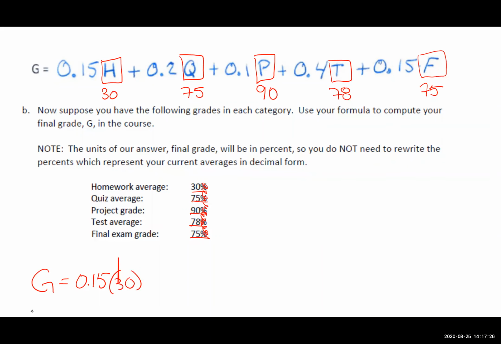If you don't mind, I'm going to leave you to do the number crunching here, but I just want to show the setup. If you notice, I'm not saying 0.3. I've already got the decimal represented, so I get to now use these as grades out of 100. And I don't need to do any division. It's convenient.